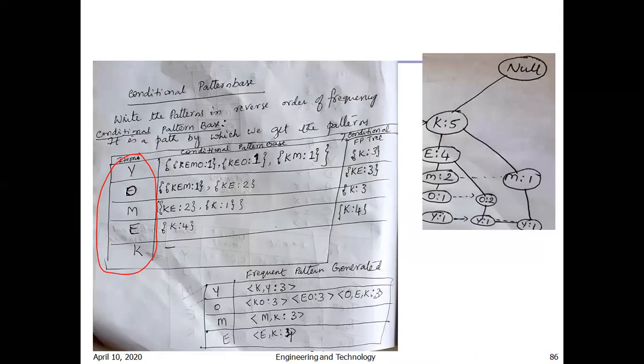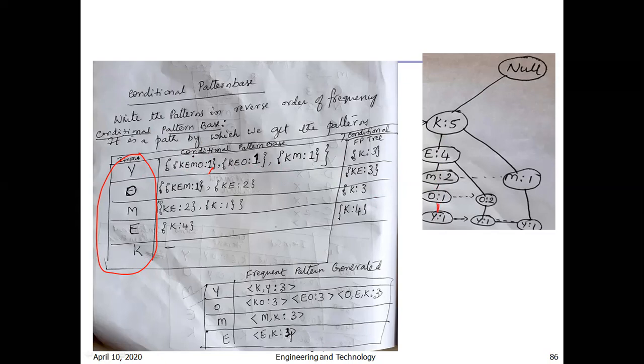First, to get Y, one path is K, E, M, O. So in order to reach Y, I can use the path K, E, M, O. How many times has it occurred? Only once. That is the frequency.